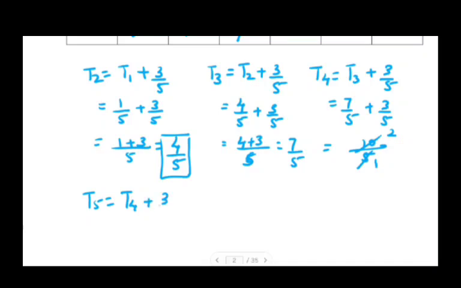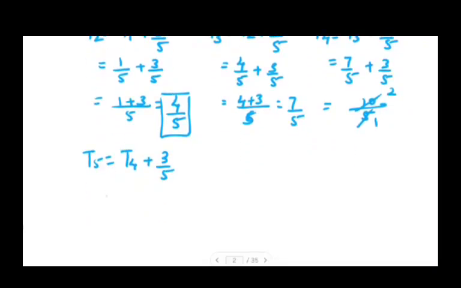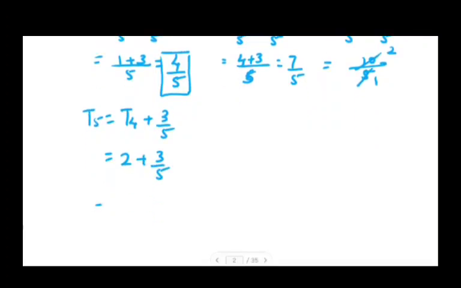T4 plus 3 upon 5. T4 was 2 plus 3 upon 5. Now, whenever one has a denominator and the other doesn't have a denominator, this is how it will look. The other one which does not have a denominator we will have to write 1. So the LCM of 1 and 5 is 5, right?